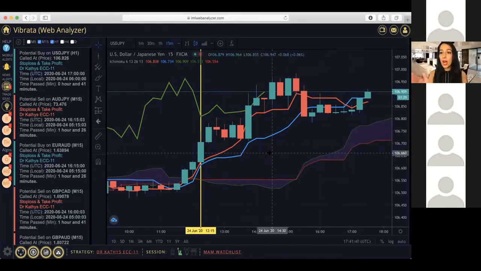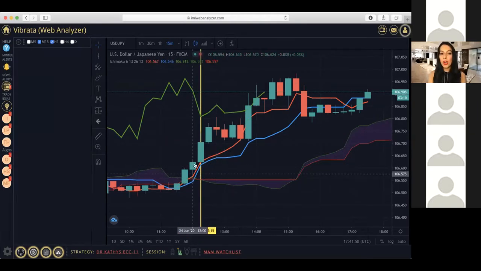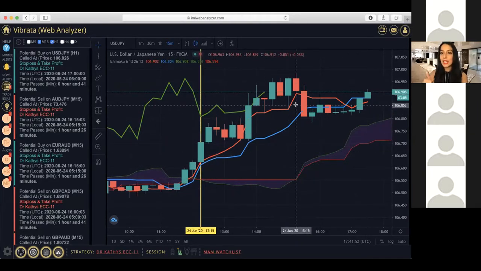So for a buy signal, the red line needs to be above the blue line, which in this instance it is. Fantastic. So USD JPY, is the red above the blue line? Yes, it is. So step number two is a yes. Remember, you're looking for 3 yeses, 3 out of 3 yeses. And then step number 3 is which way is the green line pointing?